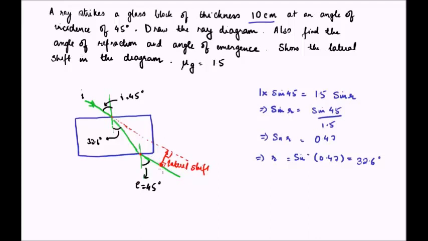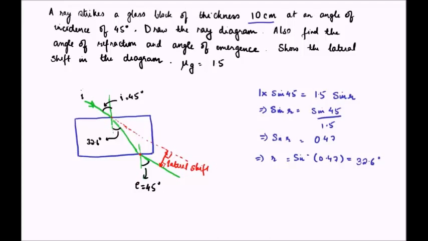So with this example, I hope what I discussed in the theory becomes much more elaborate. In fact, you can actually calculate the value of lateral shift given that we already have the thickness of 10 centimeters here. That will require some knowledge of geometry, and I will leave it up to you to try as an assignment. It's not very difficult, just a little manipulation and a little geometrical knowledge will help you get that.